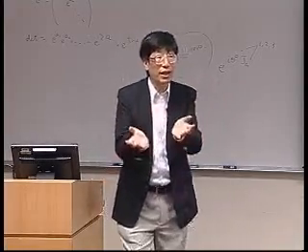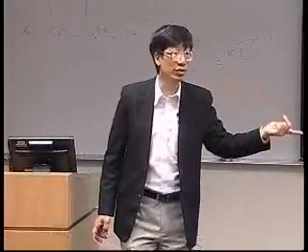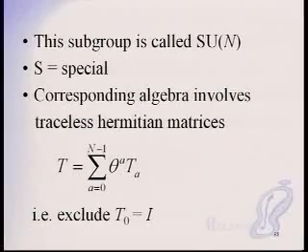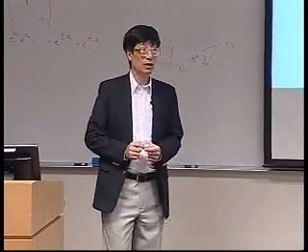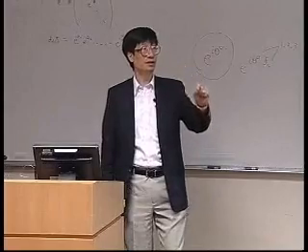Because I can take a subset of a group, it need not be a subgroup unless it's closed under multiplication. So this subgroup is called SU(N). S stands for special. It's called the special unitary group in n dimensions. Okay? So it's the set of unitary matrices with unit determinant.